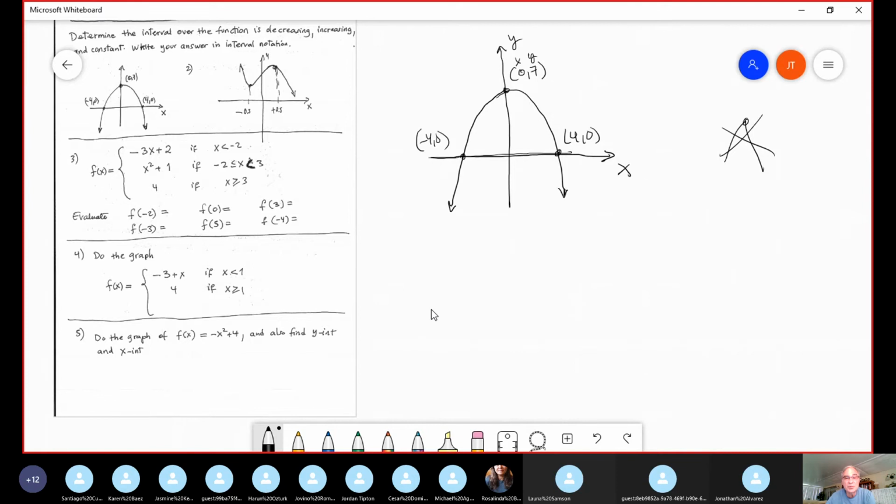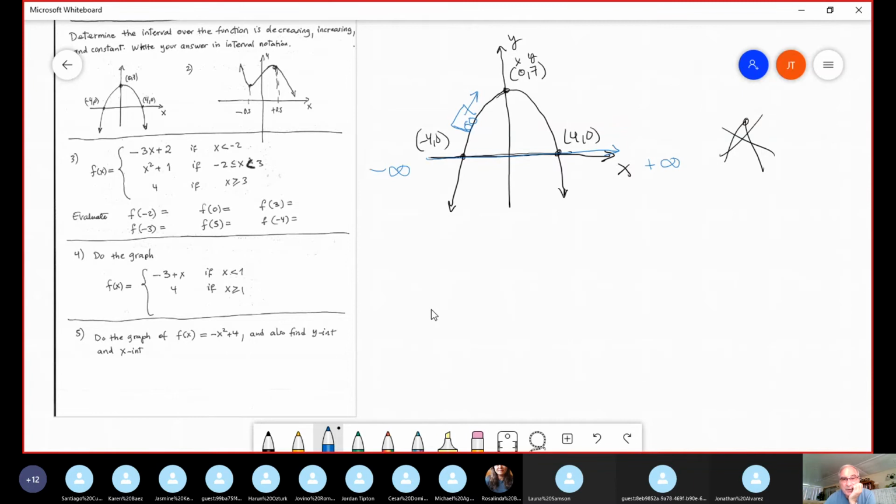So, day one, you determine the interval in which the function is increasing, decreasing, or constant, no? Okay, I use the roller coaster, for example. I go from left to right, so I travel along the x-axis from negative infinity to positive infinity. My roller coaster travels in this direction. Okay, this is another confusing thing.